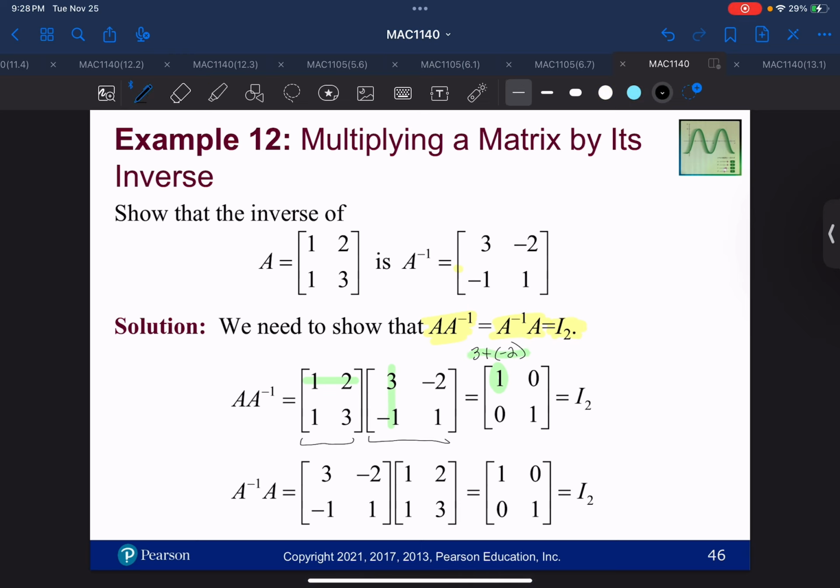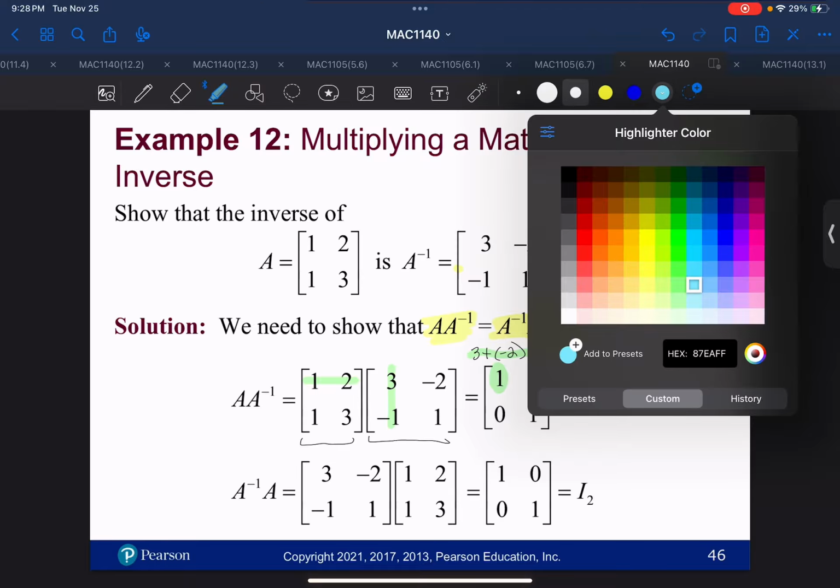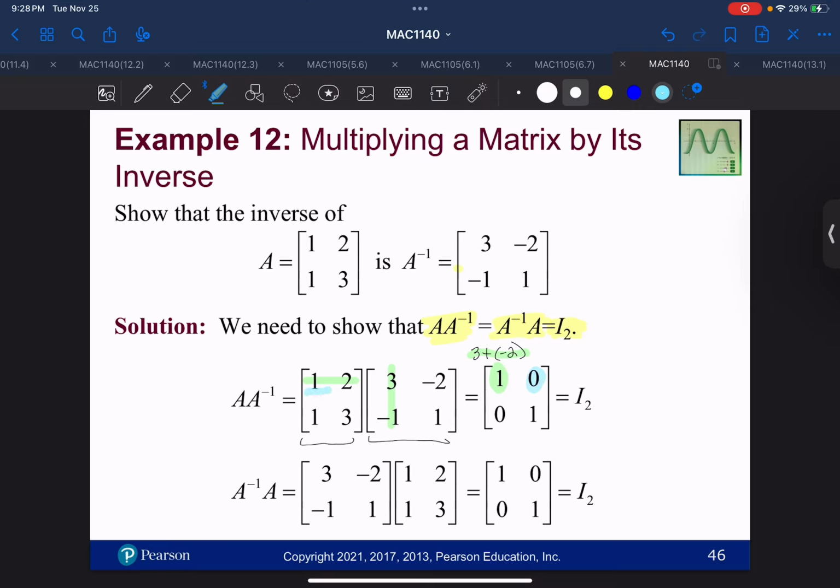The next entry is 0, and this comes from multiplying the first row by the second column. This would be 1 times -2, which is -2, plus 2 times 1, which is 2, and that would equal 0. You can keep going and multiplying until we get the rest, and this is in fact the 2 by 2 identity matrix, since the diagonals are 1 and everything else is 0.